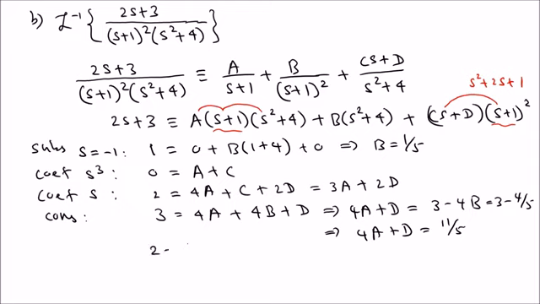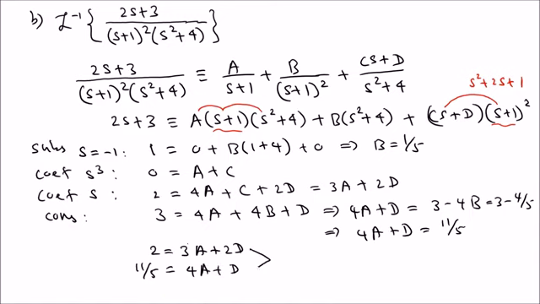We have 2 equals 3a plus 2d, and here we have 11 fifths equals 4a plus d.